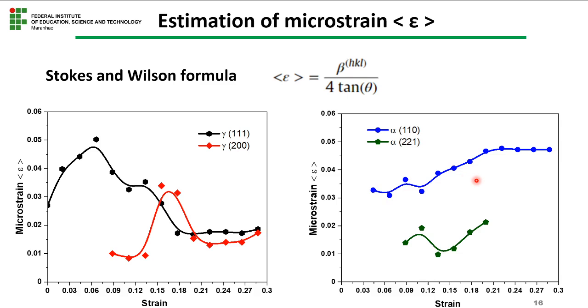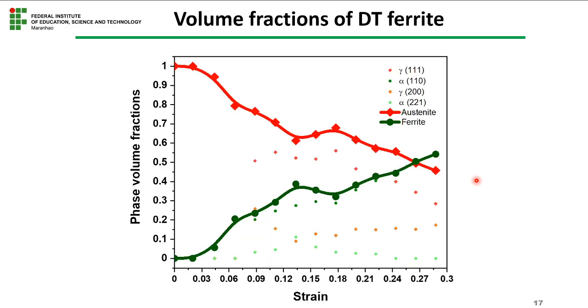This is a great confirmation that dynamic transformation actually happens, using in-situ X-ray diffraction. Using a Gleeble machine was a very important tool, and you can see that this kind of equipment can be associated with other features for a deep investigation of physical metallurgy behavior.